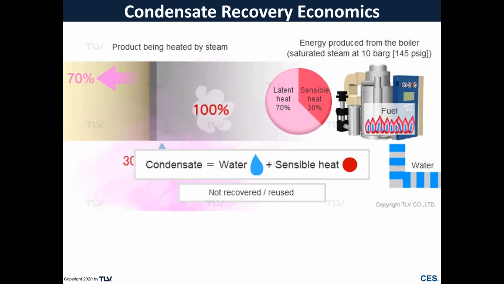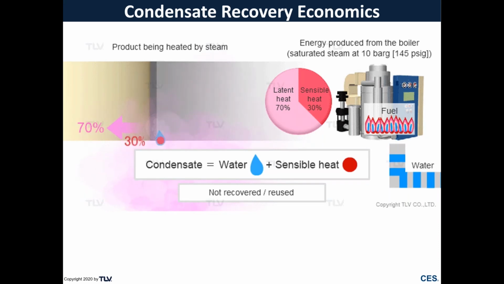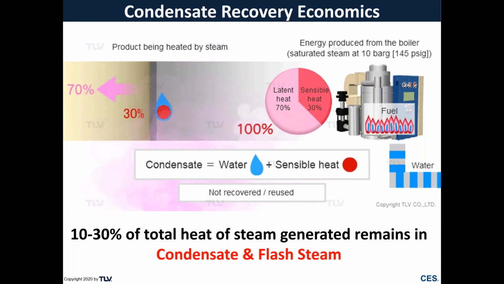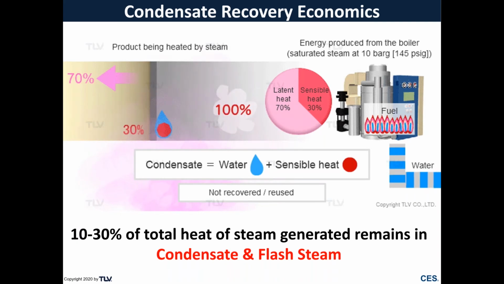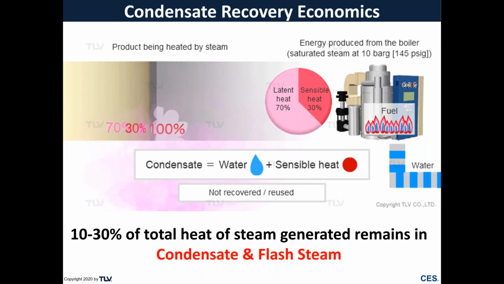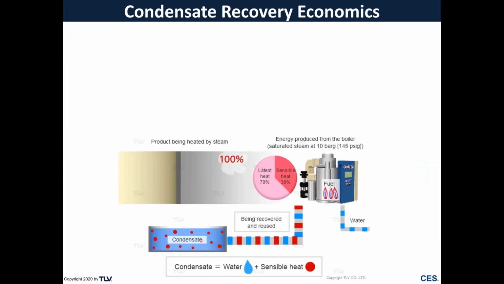About 70% of that overall steam heat is going to our product, and the remaining 30%, or 10 to 30% depending on our pressure and our system, remains in that condensate and flash steam generated after we give off that heat. If we're not recovering that condensate, that's 10 to 30% of total heat that is immediately lost out of our system. So if we can recover that condensate and that flash steam, there's a lot of value there.